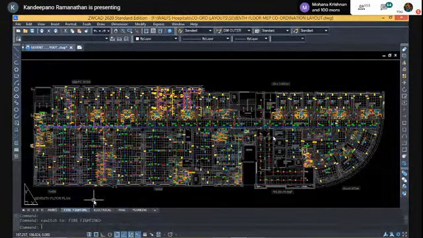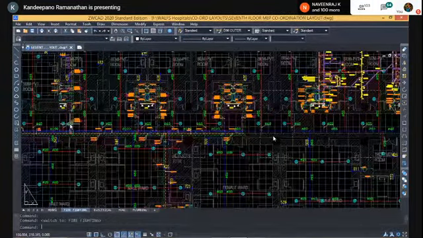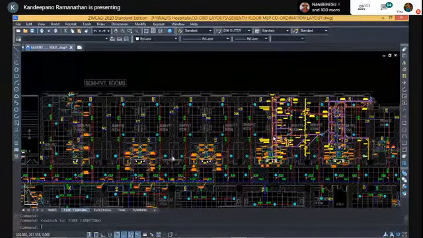What I have projected just now is a hospital building, one of the floors of the hospital building, where the firefighting system installations are shown. If we zoom, you are seeing the zoomed areas.